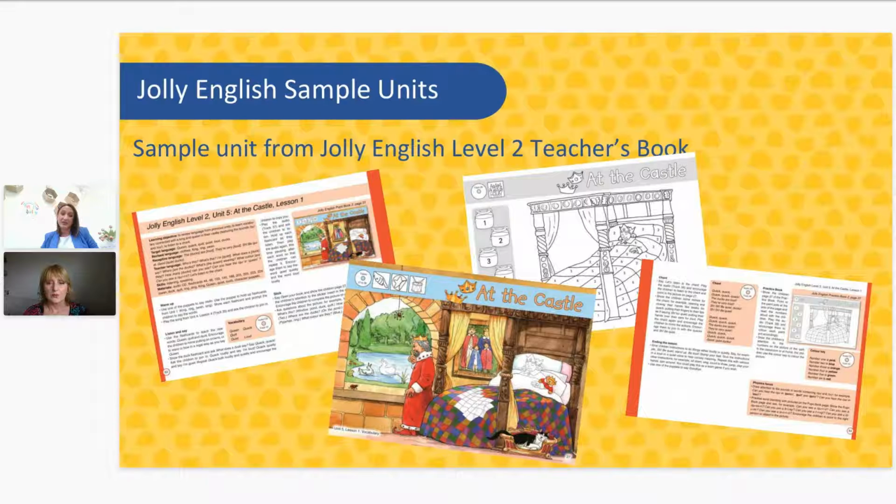And as we can see in the next level, we really build this on. Now they work not with numbers only to 5, but in the second level, they work with the numbers that are up to 10. And the plot of the stories is not as simple as it was in the first level. And the stickers, the children just enjoy them. They love finding the stickers and sticking them.